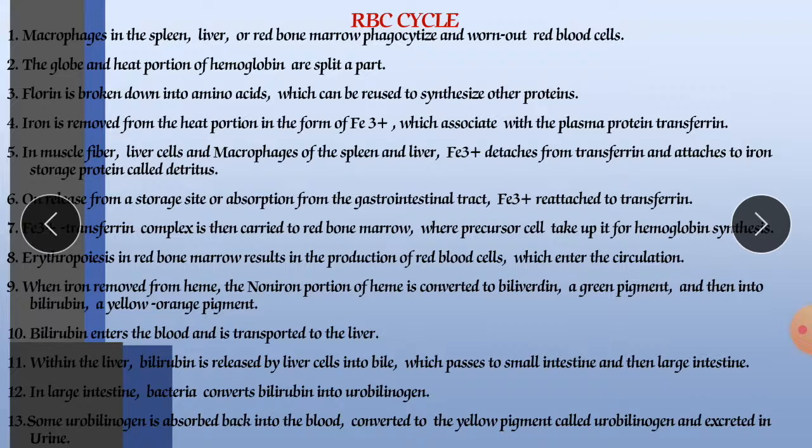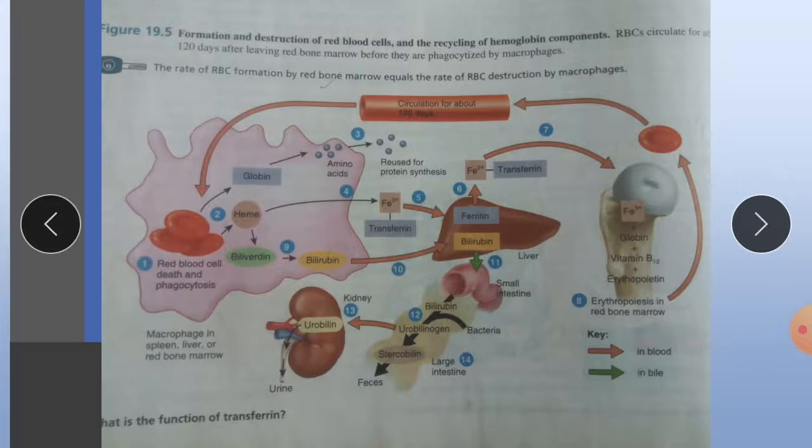On release from the storage site or absorption from the gastrointestinal tract, the Fe3+ reattaches to the transferrin. It can be absorbed from the intestine, and again it will reattach to the transferrin.